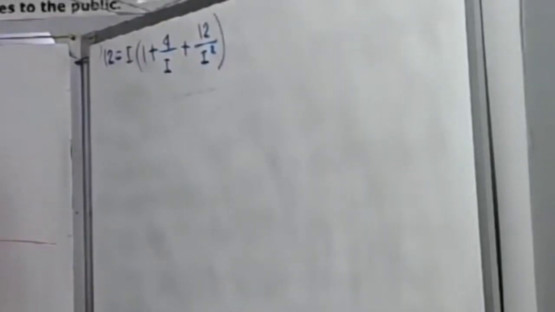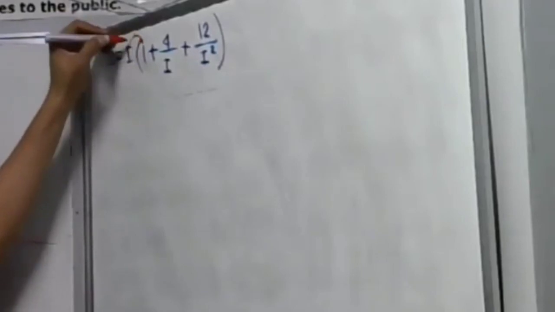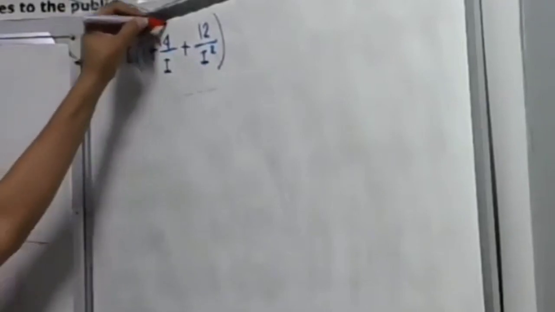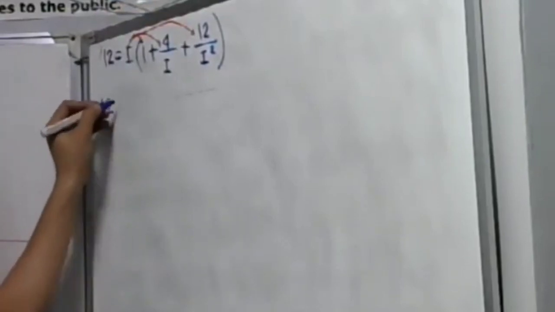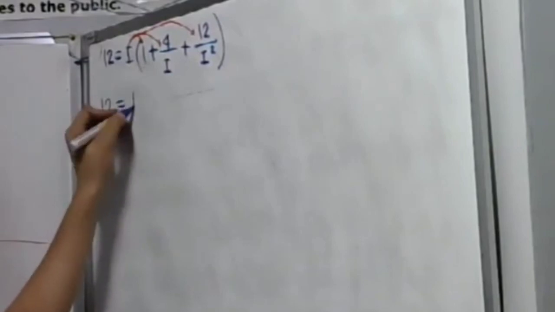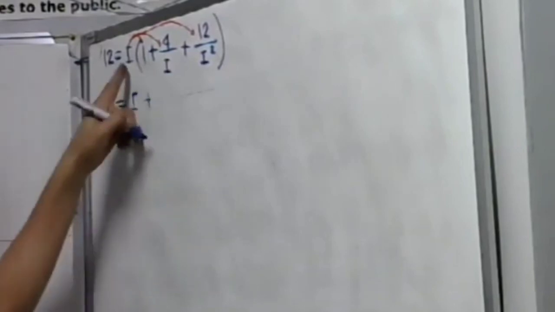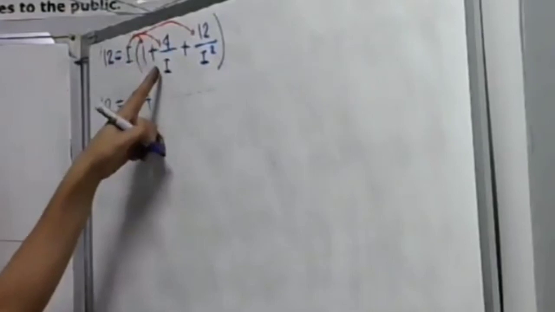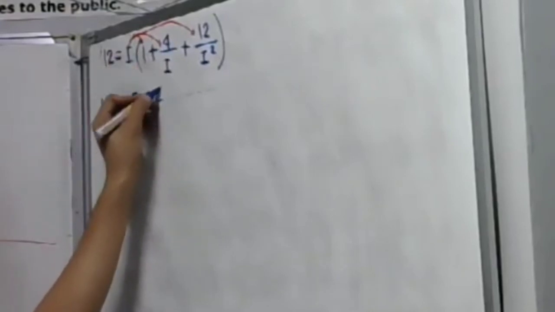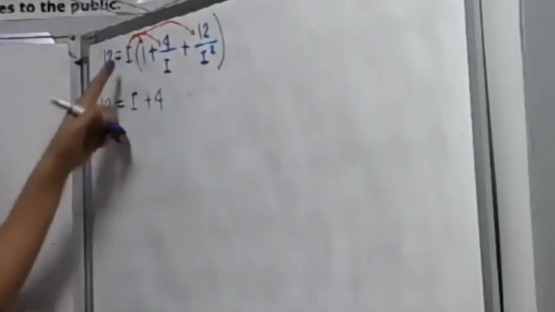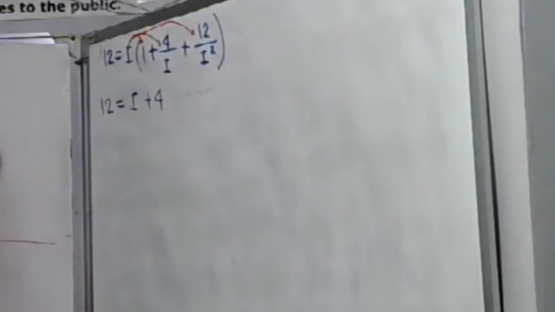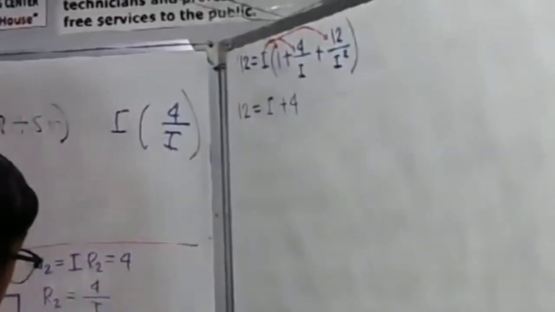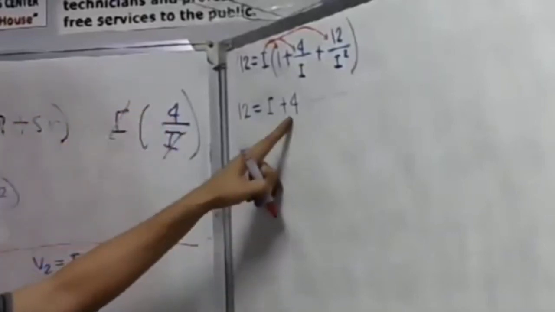Let us distribute I here, the distributive property of algebra. We have 12 equals I times 1, simply I, plus I times 4 over I, that will just cancel out. This is just simply 4, because the I will cancel out. What will be left is just simply 4.